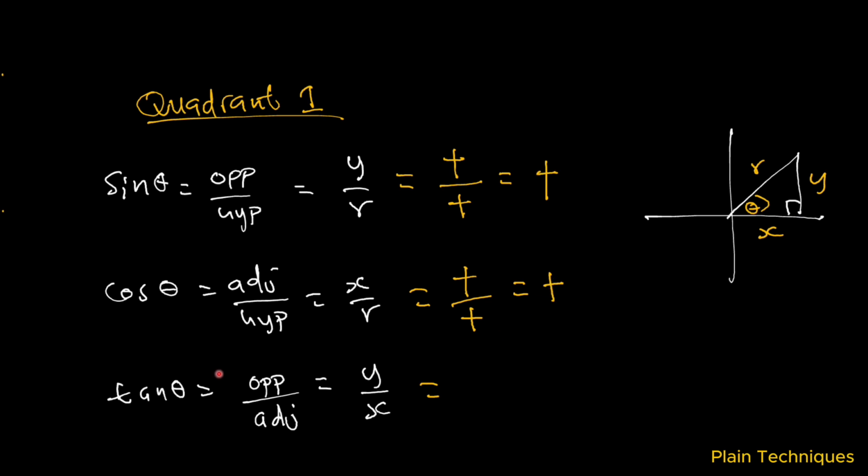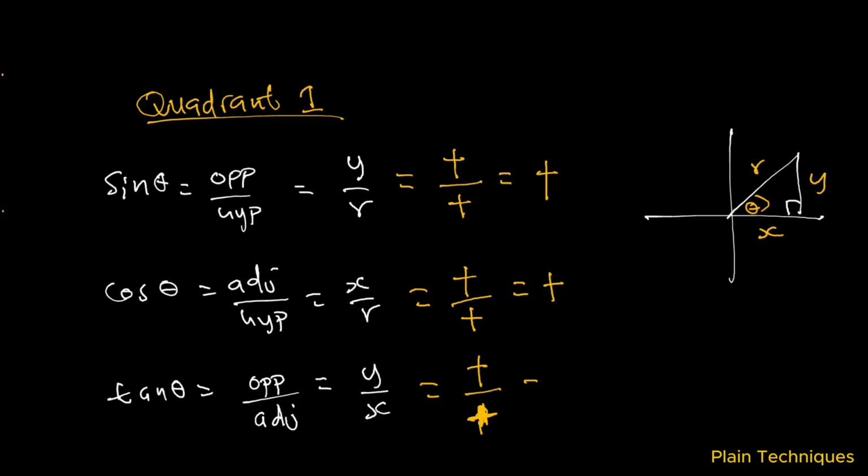All right. Now, the last one, what do we have? We have opposite and adjacent. Y, which is on the positive axis, right? And x. Look at x. X is also on the positive axis. So I'm going to put plus here.